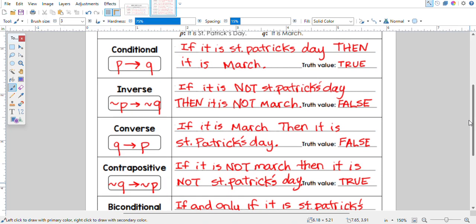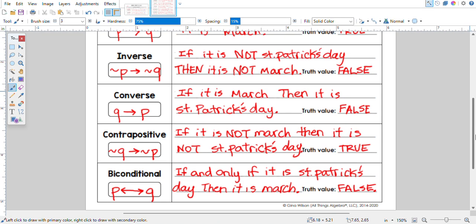You can think of conditional and inverse in the same order: P and Q, not P, not Q. And then converse and contrapositive in the same order: Q, then P. If not Q, then not P. And then biconditional both ways. Bi meaning two conditions. It has to meet both conditions.